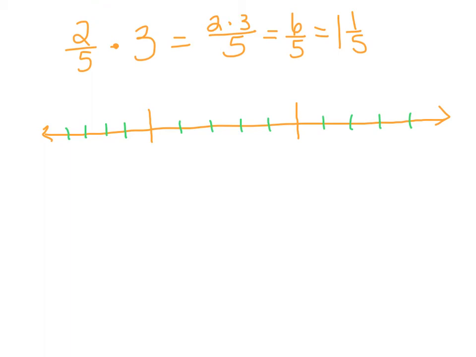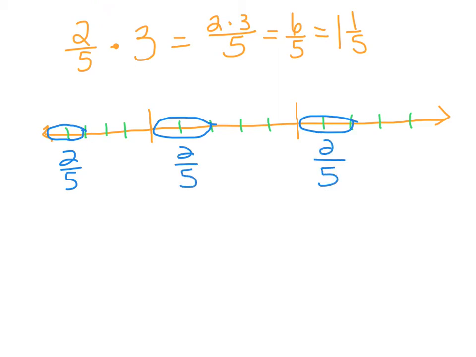To show that on the number line, all I have to do is circle the 2/5 in each hole, because this does say 2/5 of 3. So if I circle 2/5 in this hole, and 2/5 in this hole, and 2/5 in that hole, I have a total of 6/5.